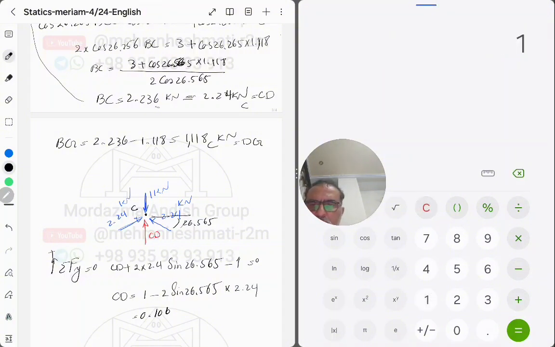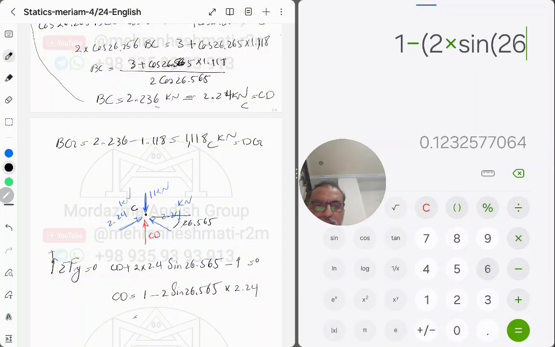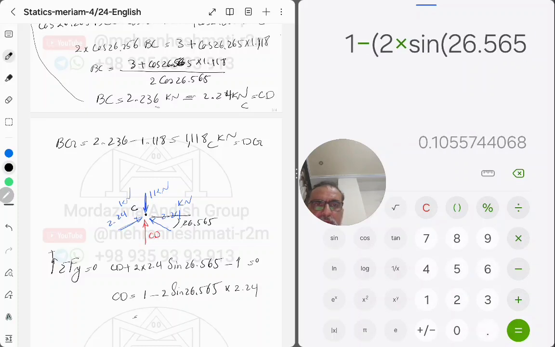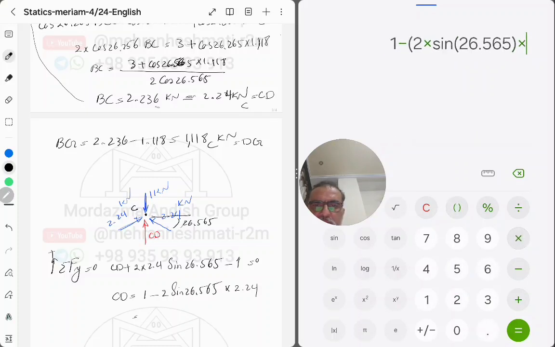Again, minus 2 multiplied by sine of 26 multiplied by 2.24.